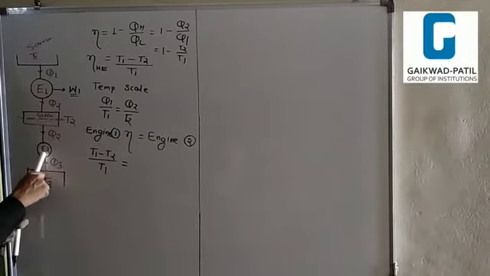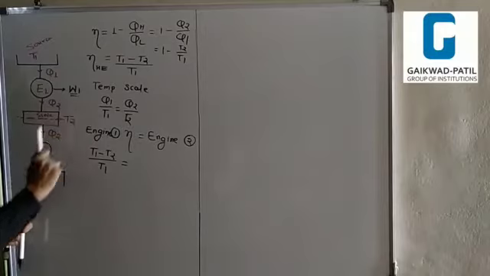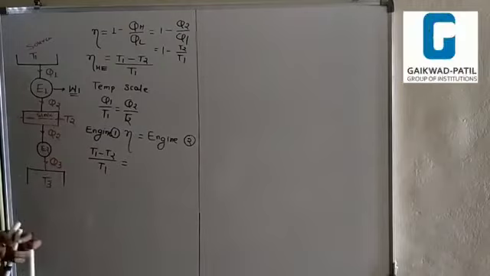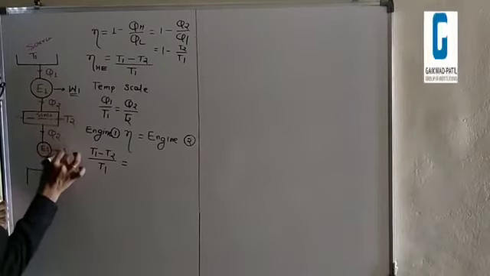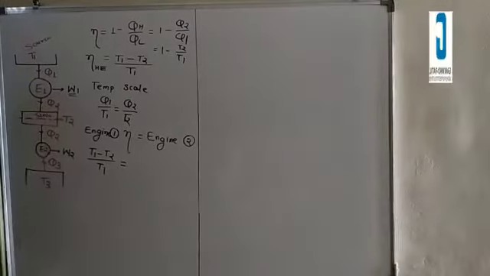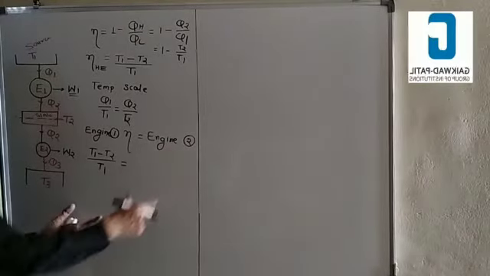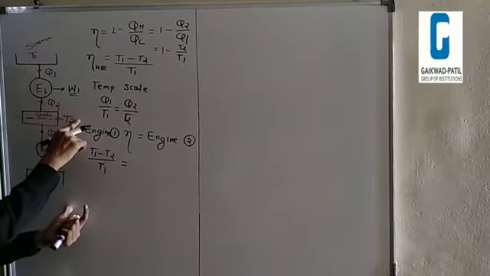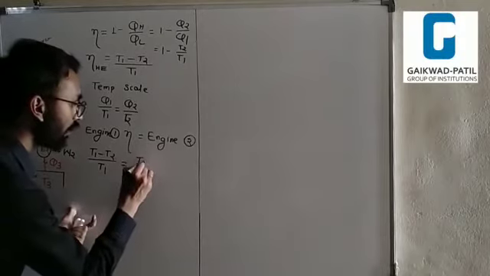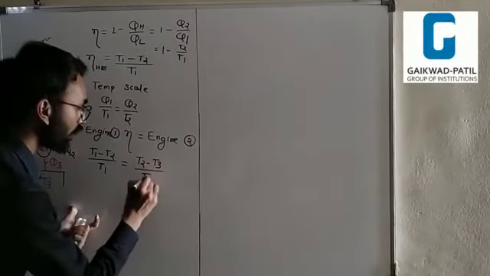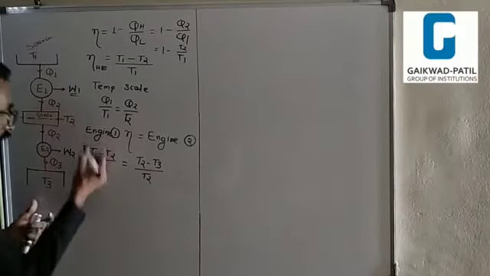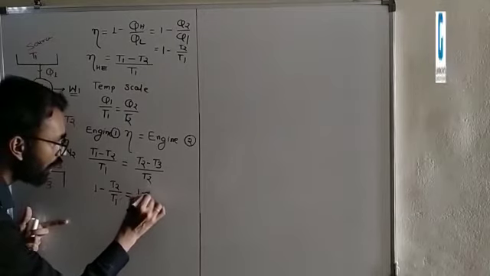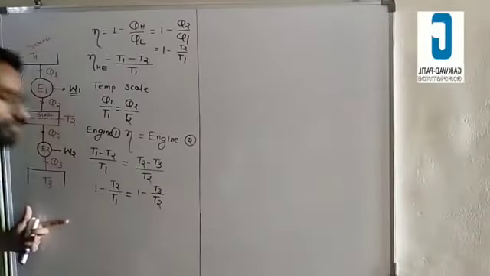This engine number 2 works between temperature T2 and temperature T3, with heat supplied, heat rejected, and work produced. What is the efficiency of engine number 2? It works between the temperature limits T2 and T3, so you can write T2 minus T3 over T2. So 1 minus T2 over T1 is equal to 1 minus T3 over T2. Right?